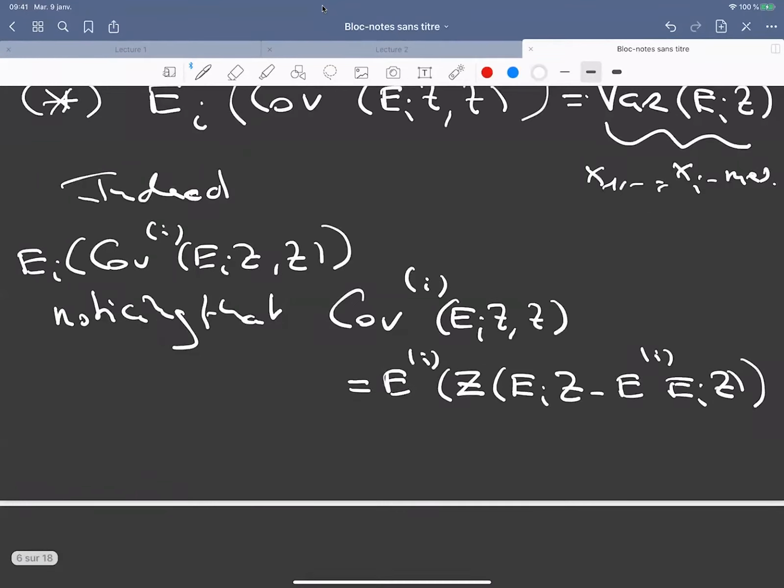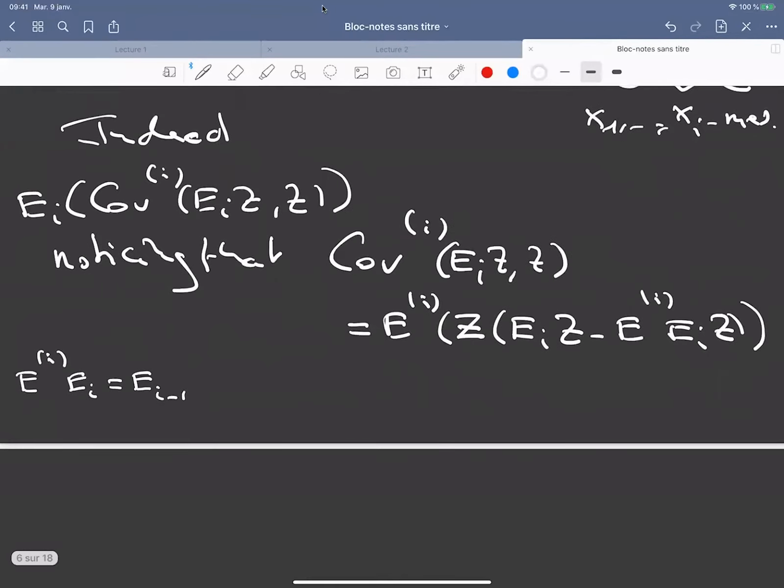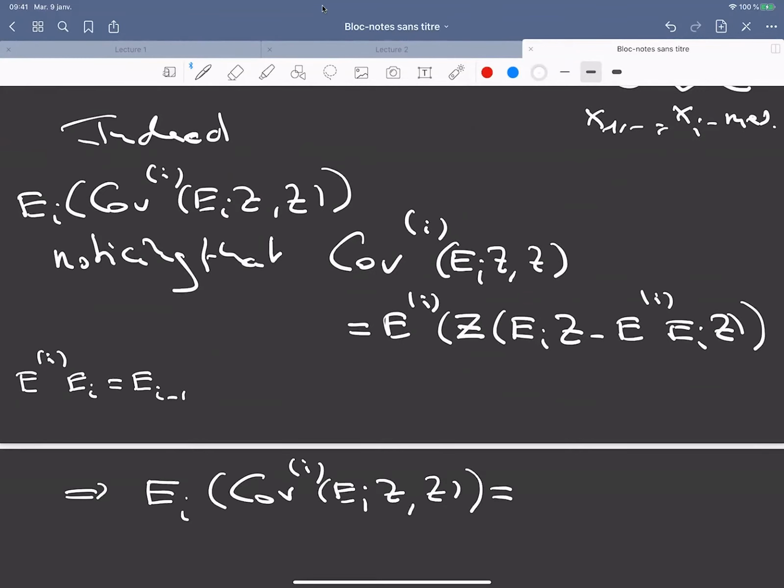And now you use the fact that A bracket I expectation I is equal to expectation conditionally to x1, x minus 1. Okay, use that. And so if you do that, this leads to a computation for the conditional expectation of the covariance above, which is equal to expectation I minus 1, just because you take this expectation here combined with this one.